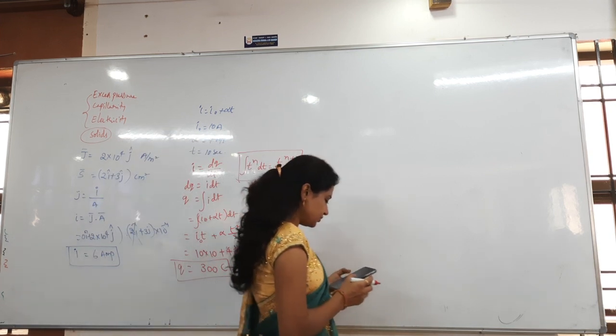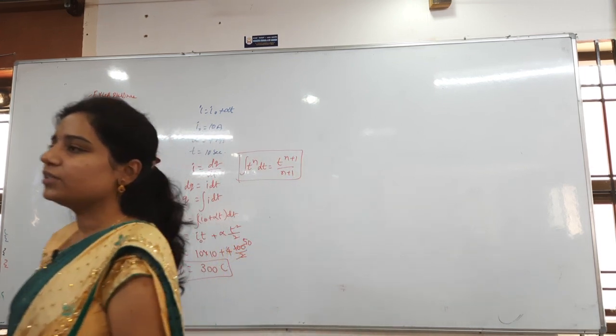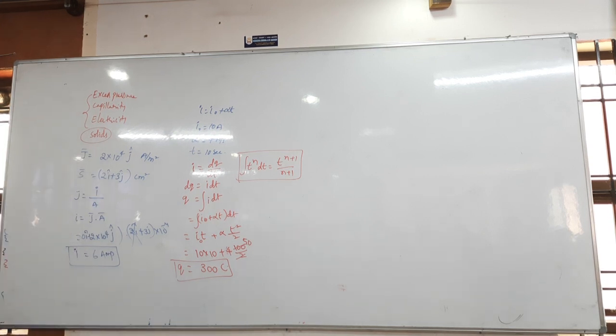If each cubic meter of material contains 10 power 29 free electrons, then find the average time taken by an electron to cross the length of the wire. Read the question and then find the answer. I am asking the average time.